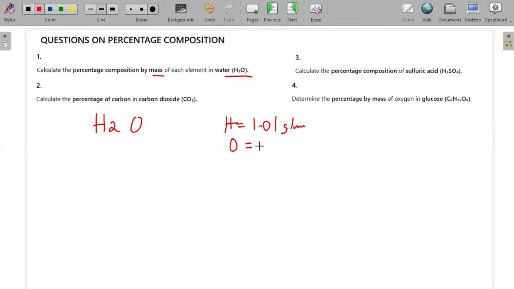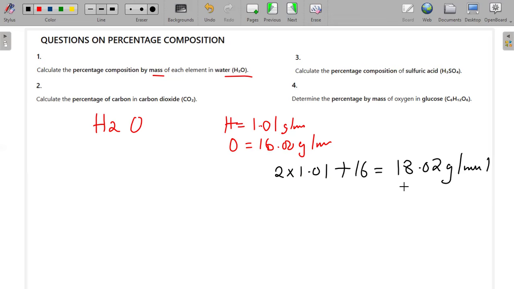For oxygen, we found it was 16.00 grams per mole. So to find the molar mass of water, I'm going to say 2 multiplied by 1.01 because I can see 2 hydrogens, plus 1 oxygen. This gives me 18.02 grams per mole, which is the molar mass of water.